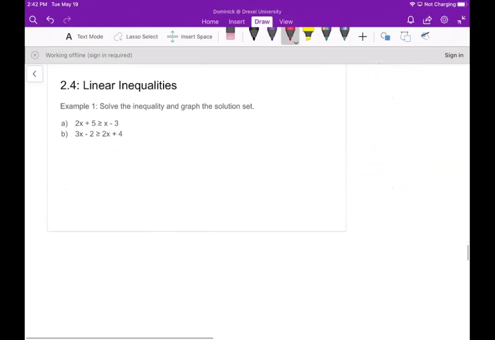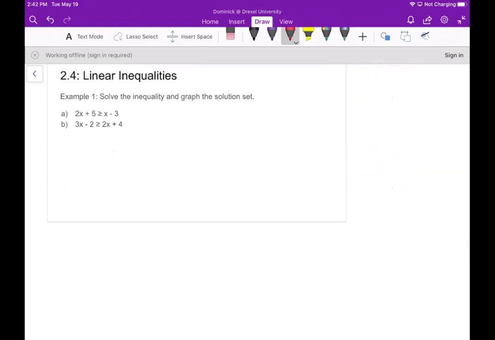Okay, so let's go ahead and do it. In the first example, we want to solve 2x + 5 ≥ x - 3. To solve this, I just need to treat it as if it were an equation, with the only caveat being that if I multiply or divide by a negative, we need to flip our sign.